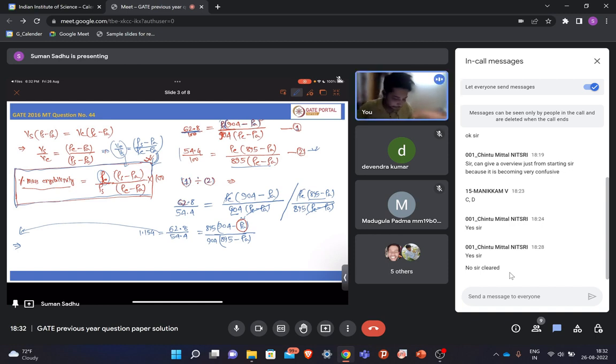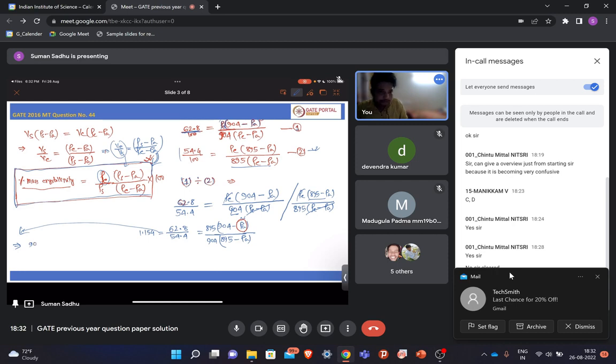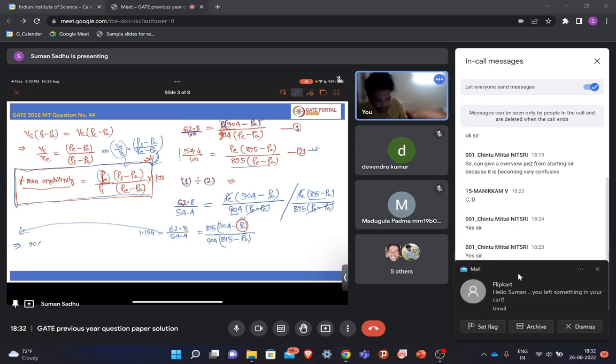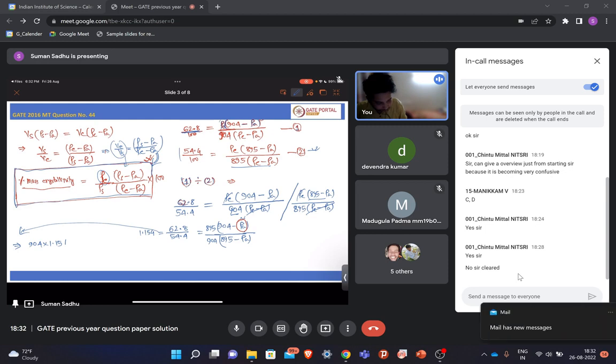Let's say it is 1.15, and then if we simplify this equation, we'll get 904 into 1.15 into 895 minus rho a is equal to 895 into 904 minus rho a.